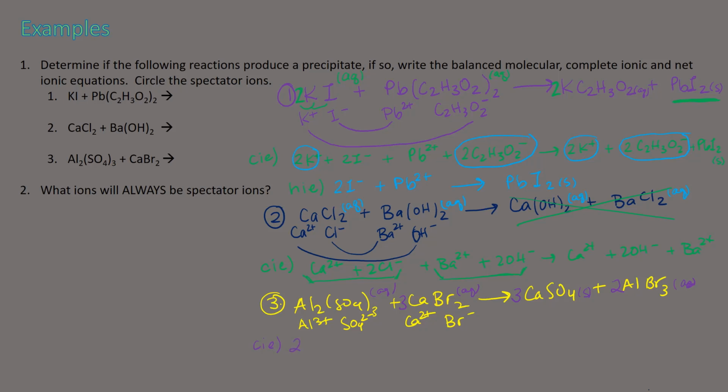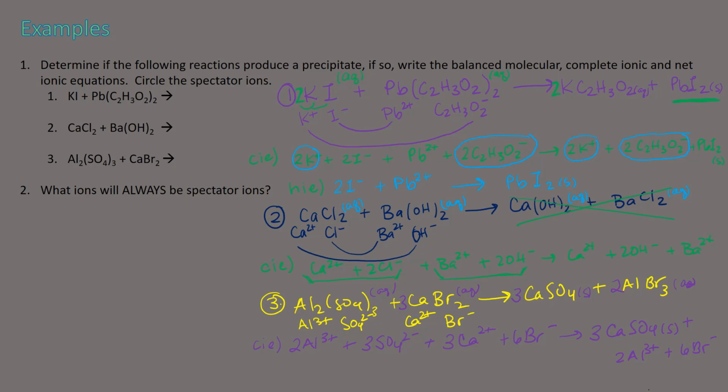So I've got 2 aluminums and 3 sulfates. Whoops. And 3 calciums plus 6 bromides. And that's going to go to 3 calcium sulfates plus 2 aluminums plus 6 bromides.